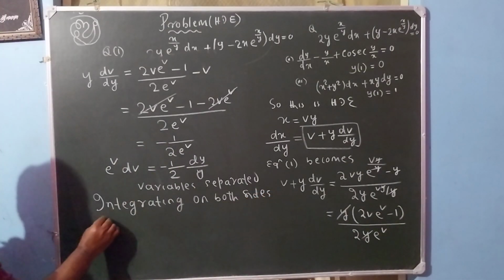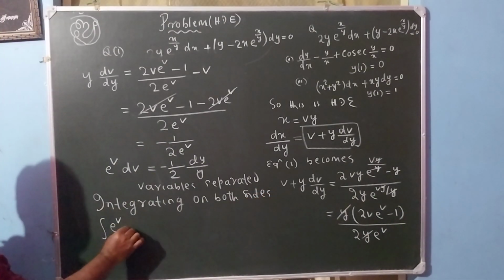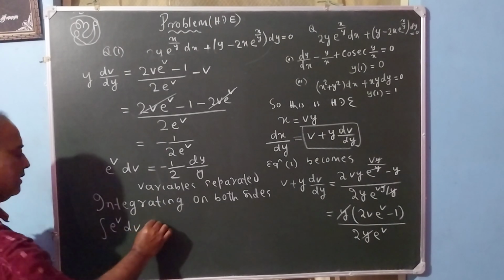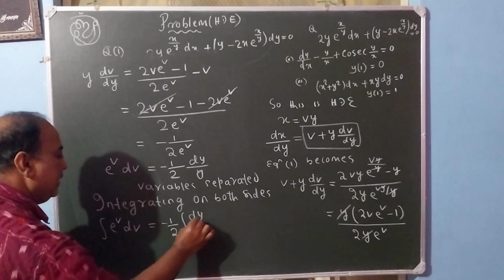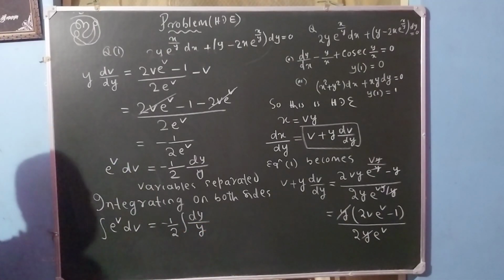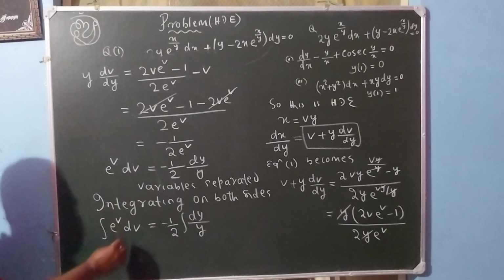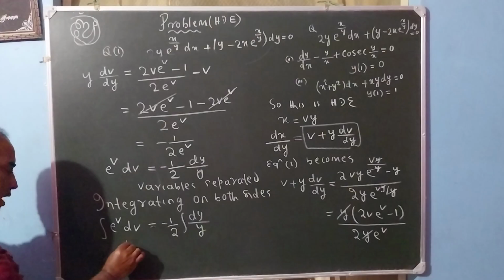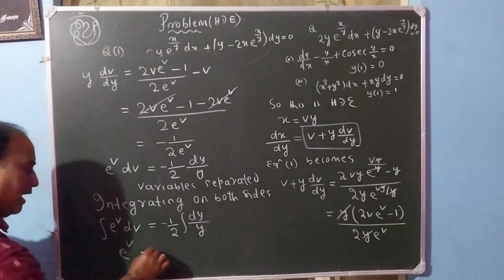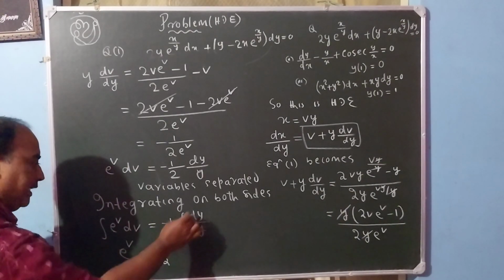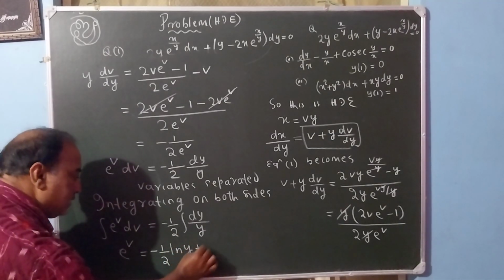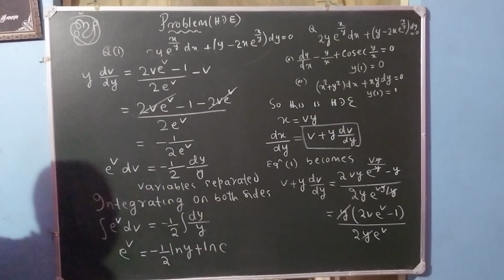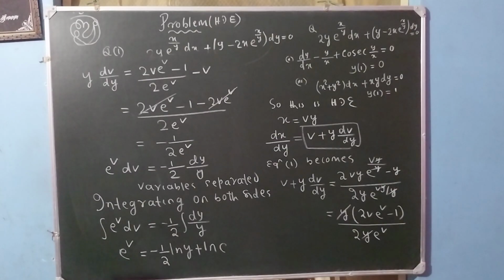We get the integral of e to the power v dv, which is e to the power v, equal to minus 1 by 2 times the integral of dy by y, which is ln y, plus we apply the constant ln c.